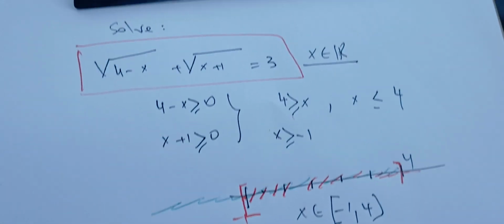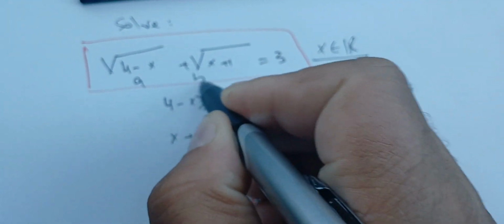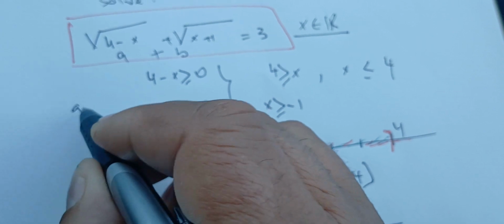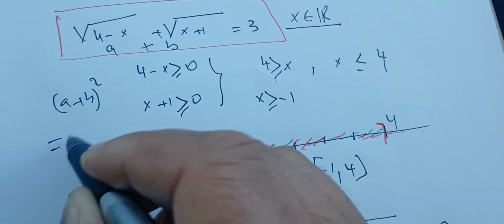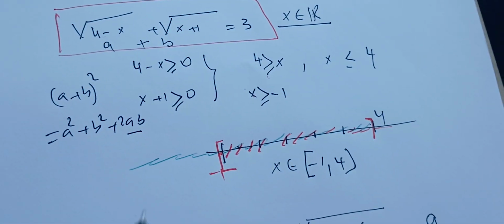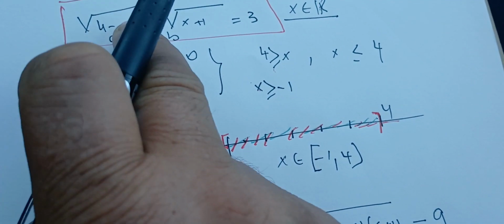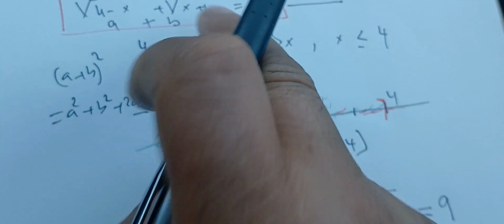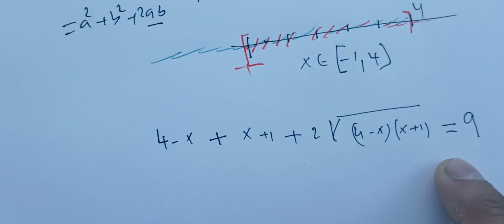So if you don't see it quickly, this is our a, this is our b. So I did a plus b squared, which is a squared plus b squared plus 2ab. a is square root of 4 minus x, b is square root of x plus 1. So I get to this result.